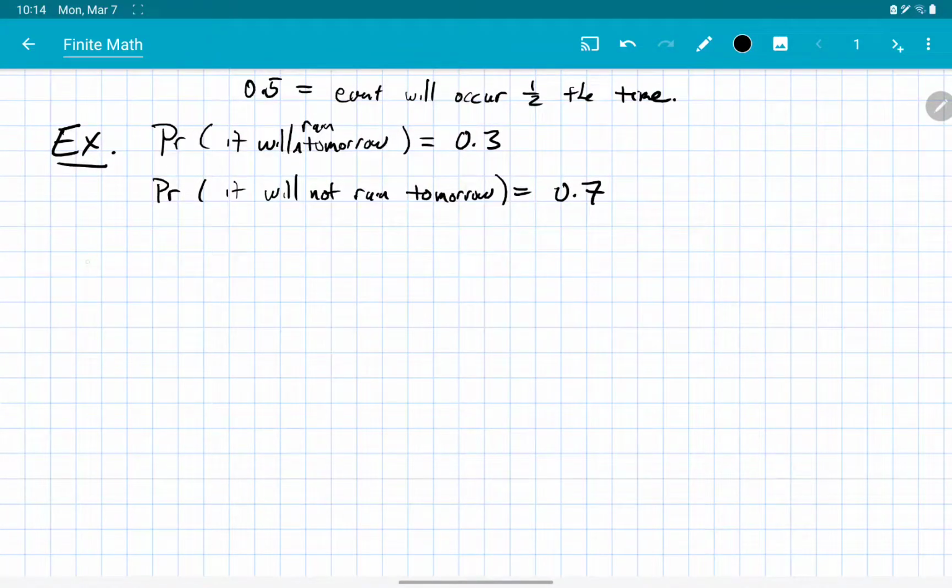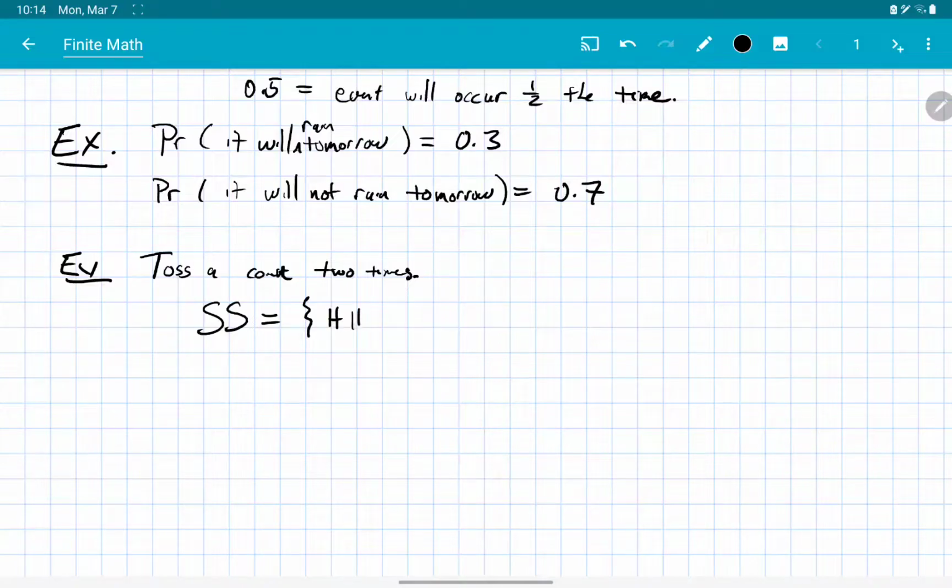Now let's look at another example. Let's toss a coin 2 times. The sample space, which I'm going to abbreviate SS, looks like this: heads heads, heads tails, tails heads, tails tails.